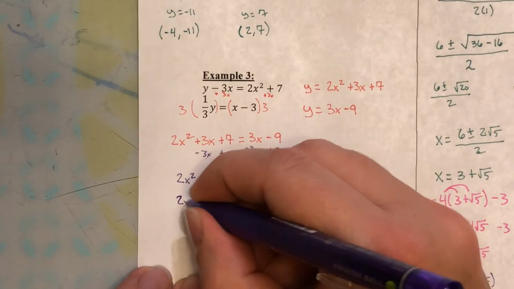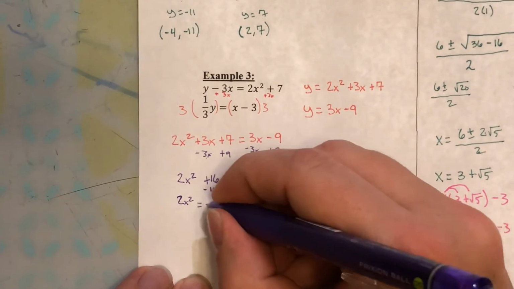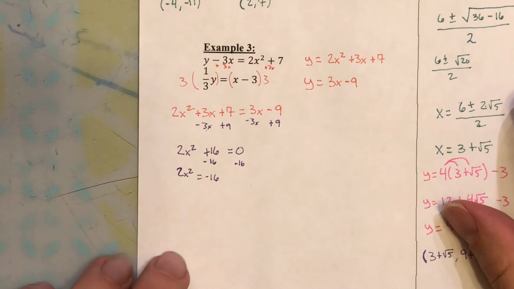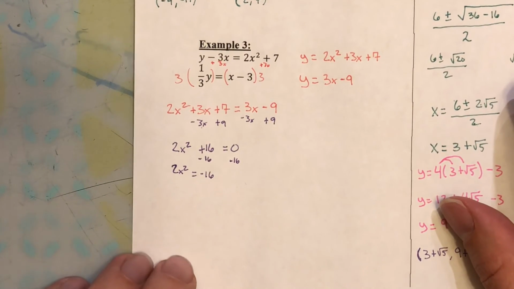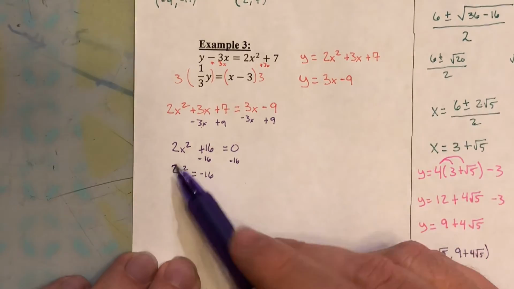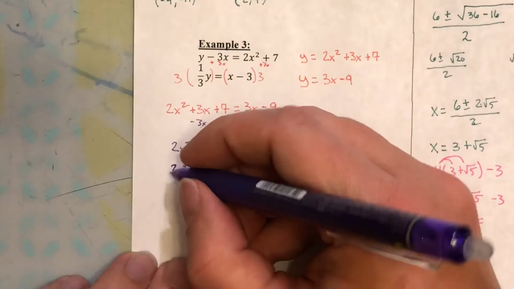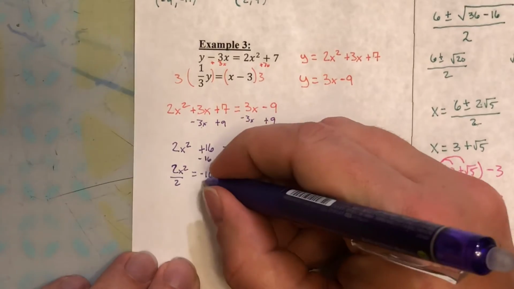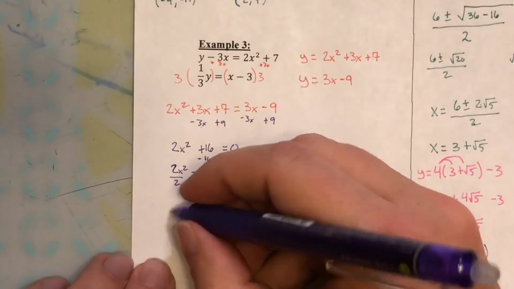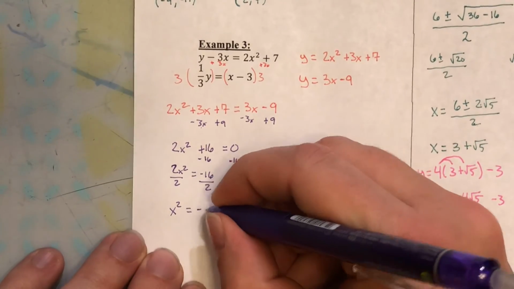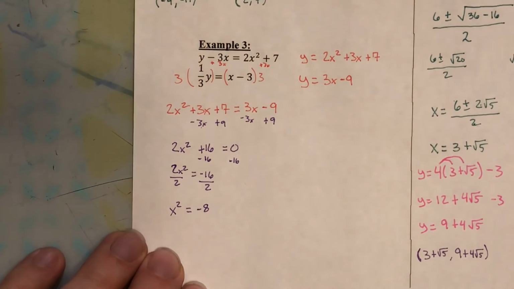So I have 2x squared equals negative 16. And then to get that x squared alone, because right now it's being multiplied by the 2, I need to divide both sides by 2. And I have x squared equals negative 8.